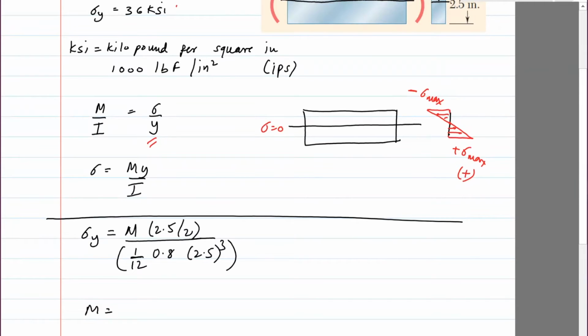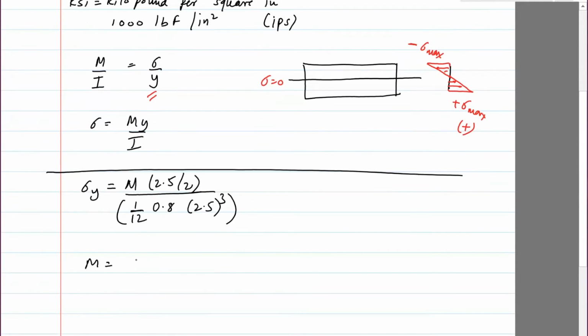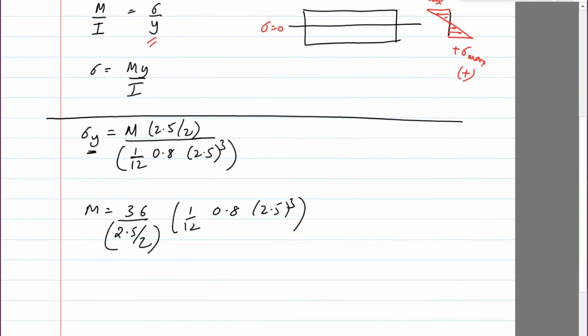It's 36 KSI, which I can keep as it is, or I can convert it, whatever you prefer. Let me just keep it as 36 KSI. I'm going to move things around, so I would have 1 divided by 12 times 0.8 times 2.5 cubed, and then this 2.5 divided by 2 goes down in the denominator. And so that's what we get.